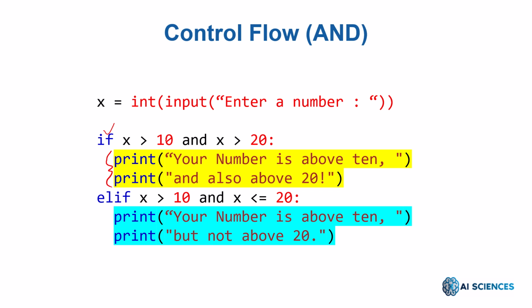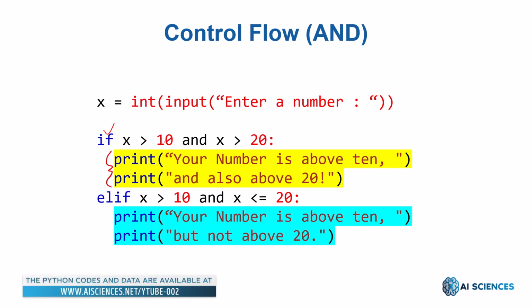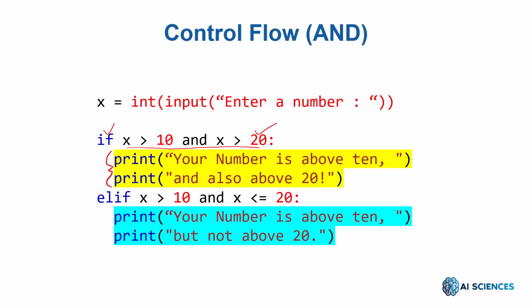Else, if the condition x larger than 10 and x larger than 20 is false, which means either x is smaller than or equal to 10, or x is smaller than 10, or this condition is redundant, because if x is larger than 20, then it must be larger than 10.